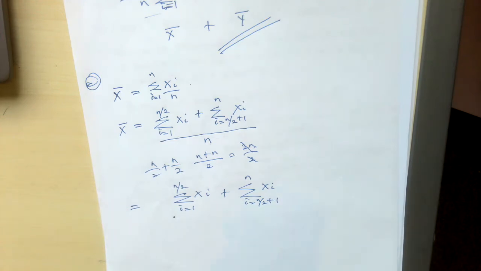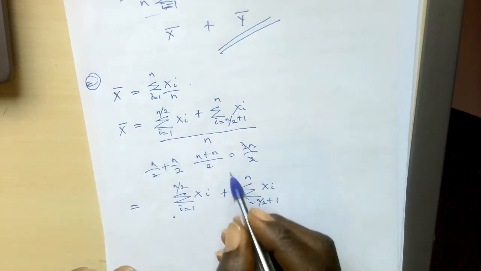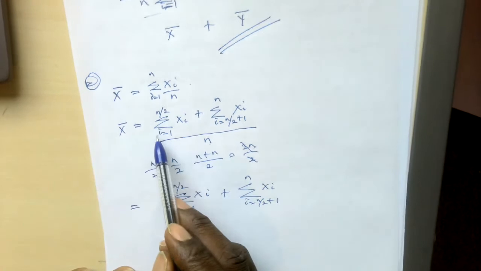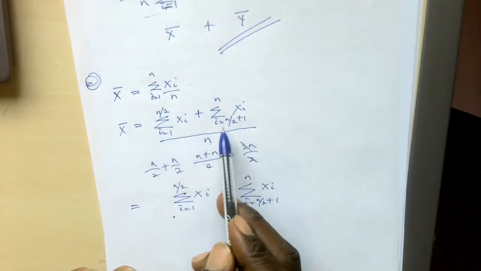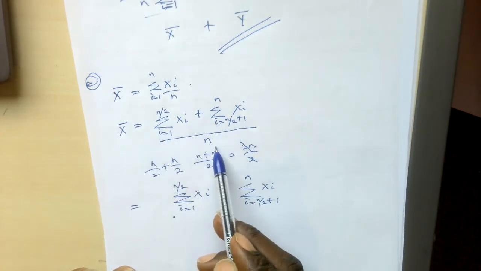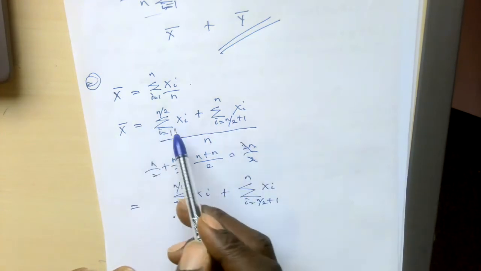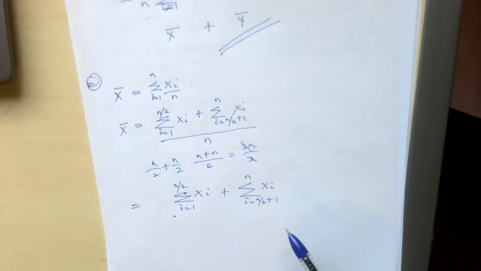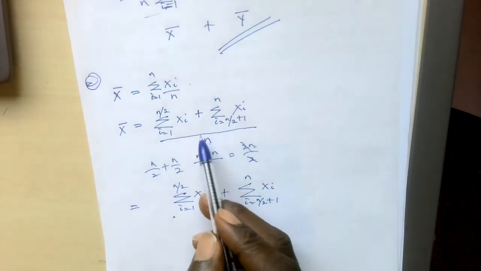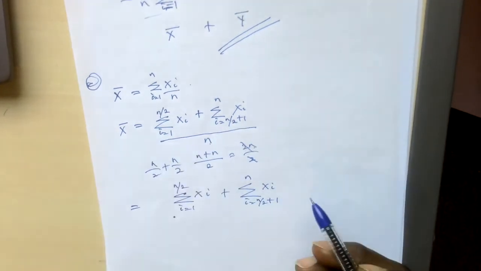What we can actually do from here is divide this by 2 and multiply this by half, right?